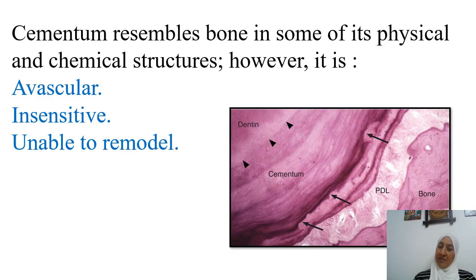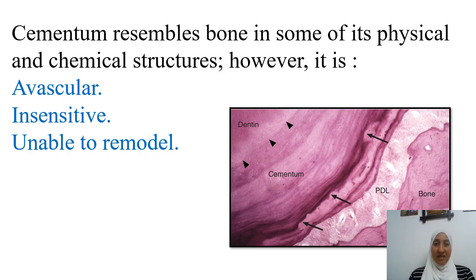The cementum somehow resembles bone in many of its physical and chemical properties, like the amount of mineralization and the type of collagen, but it differs in very important facts. Cementum is an avascular tissue, while bone, of course, is a highly vascular tissue.